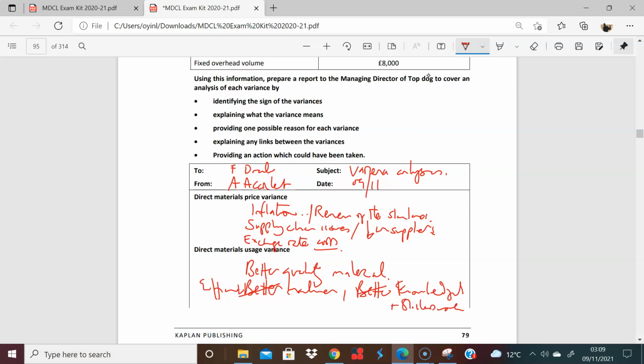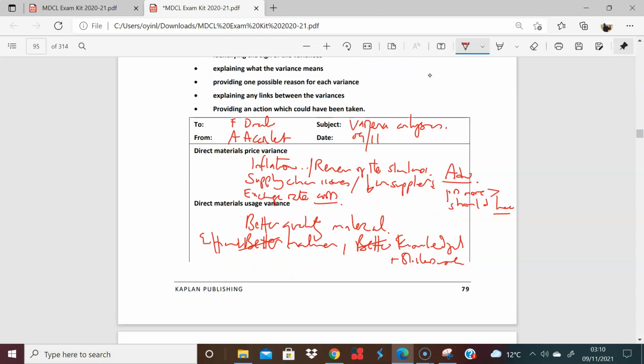And in terms of a link, the one link you can see here, and it's really important, is to have identified the sign, and we have to talk about what the variance means. So this material variance was adverse, and it explained that we have paid more than we should have. That's the first point.